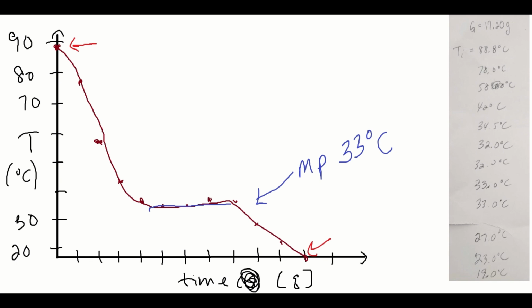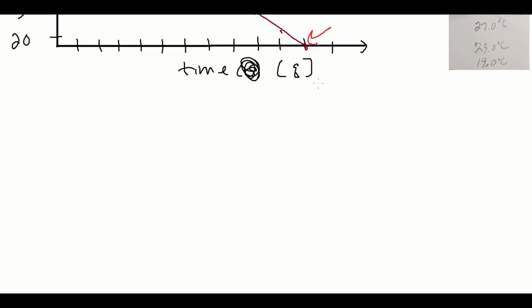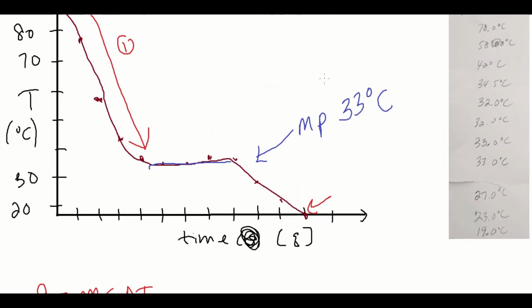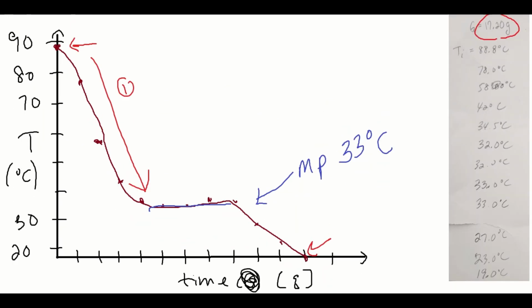So we're going to break this up into 3 steps. Step 1, we're going to go down this leg of the journey, and we're going to use Q equals m c delta T. The mass of my sample was 17.20.